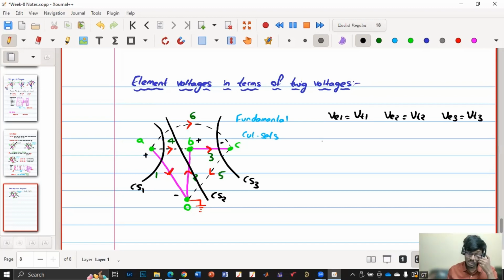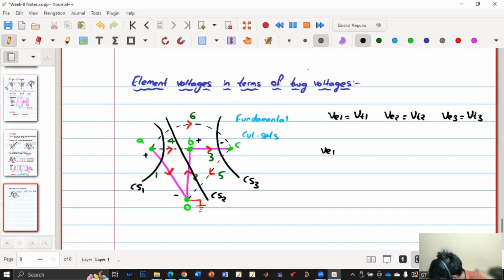These are the conventions we are following, and we have to write the element voltages in terms of these twig voltages. So let me write the table.